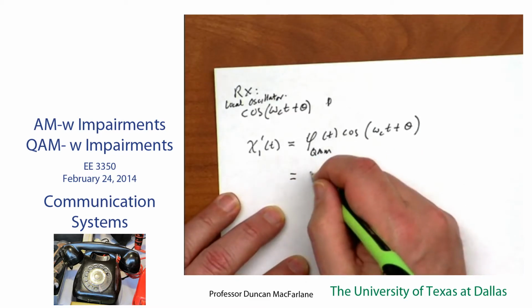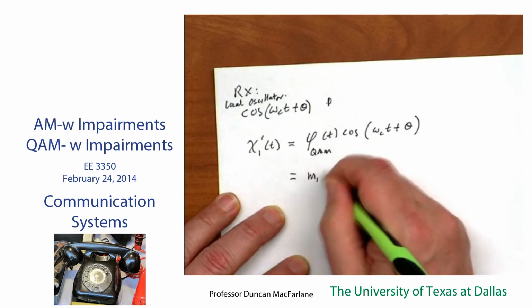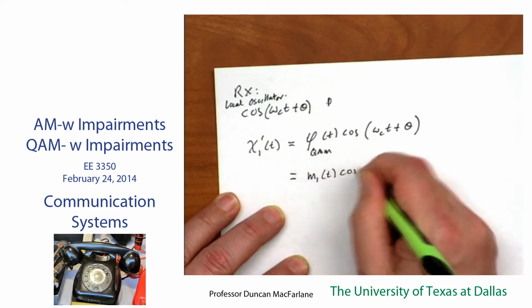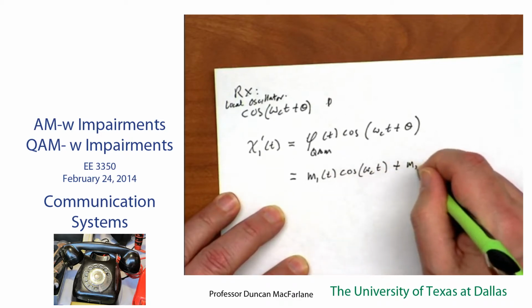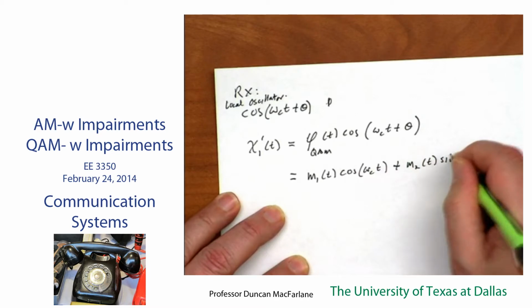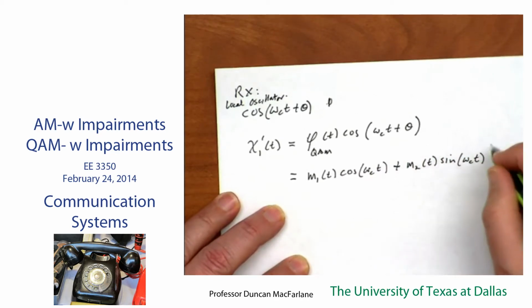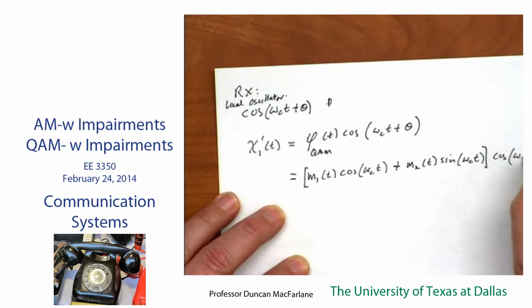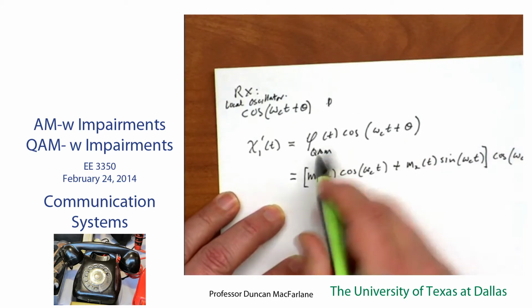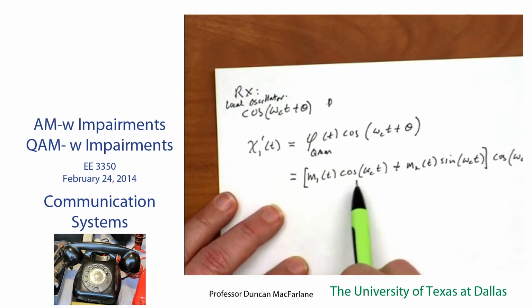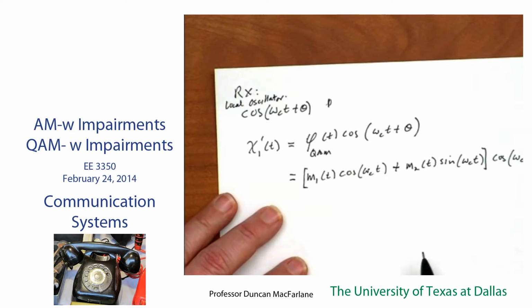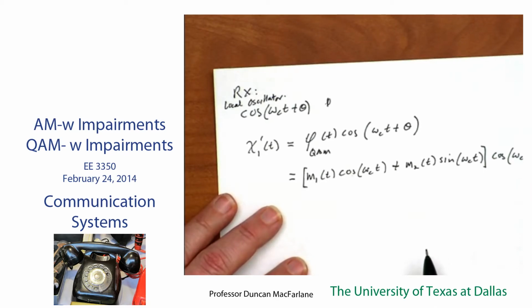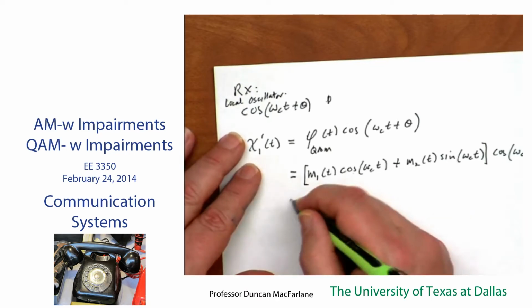And to be clear, my psi QAM is m1 of t cosine omega ct plus m2 of t sine omega ct. And I do my math.